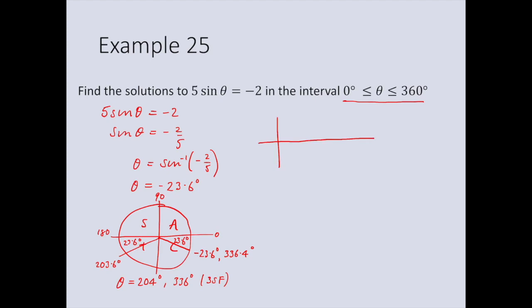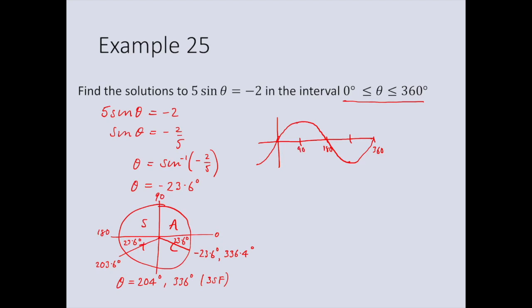Another alternative method would be to sketch out the sine graph. Something like this. It's going to look something like this. Come down to here. That's 360. Here we've got 180.